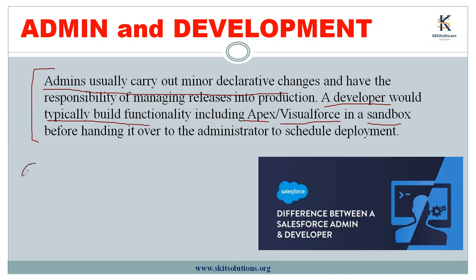So what is this sandbox and what is this production? Guys, basically, sandbox is a testing environment. Of course, when you join a company, they will not give you the rights of the production environment. They will give you the rights of the sandbox. In the sandbox, you can test your code.